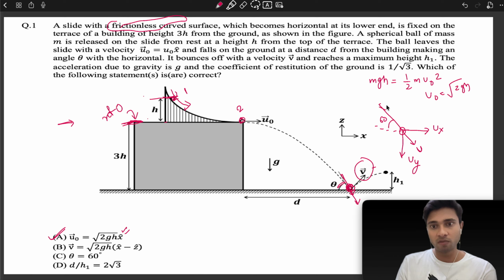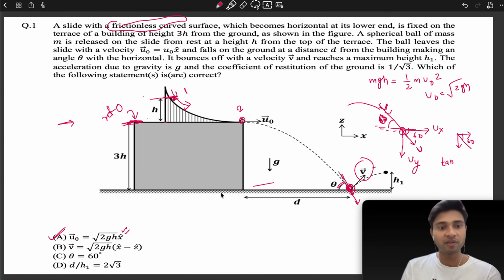Okay, so the ball was falling like this, and this was the u, direction of velocity, and the angle it is making was 60 degree. If this is 60, this will be 60. So if this is 60, just by normal trigonometry, can we say tan 60, sorry, this was theta.